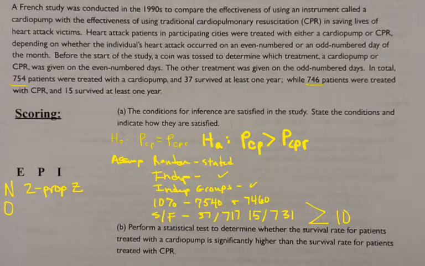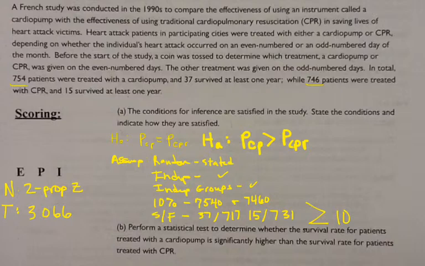Oops, I forgot one thing. PHANT. Okay. So what's our test statistic here? Is the margin of error formula in the screen packet? It is in the green packet, yes.